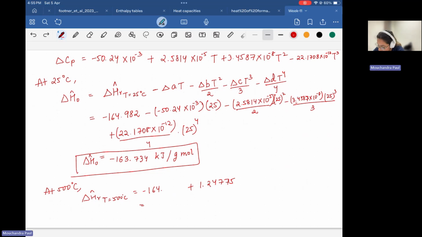Oh no, I've made a very silly mistake. So here the temperature is 500 degrees Celsius, right? So you have to recalculate this expression for T equals 500. Okay.